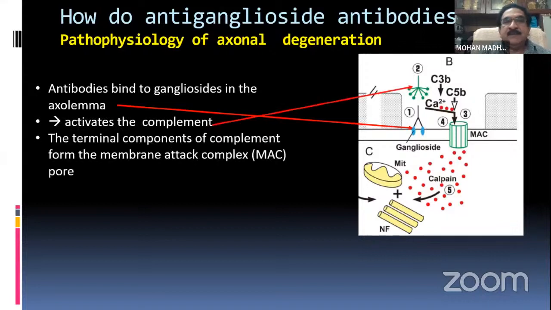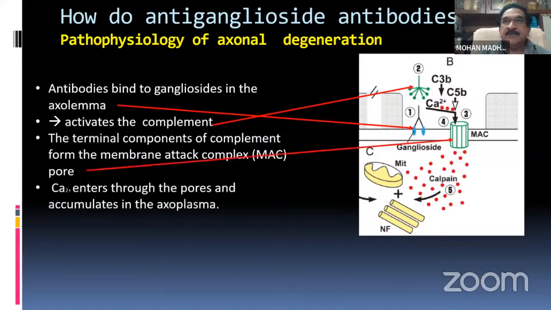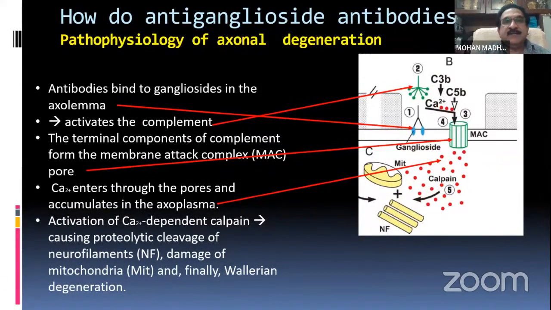The terminal complement will form the membrane attack complex in the axonal membrane. Then calcium enters through the pores and accumulates in the axoplasm, and activates the calcium-dependent calpain as told before, causing further damage to the neurofilaments and mitochondria, causing axonal degeneration.